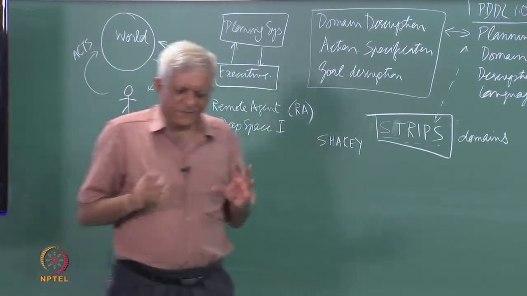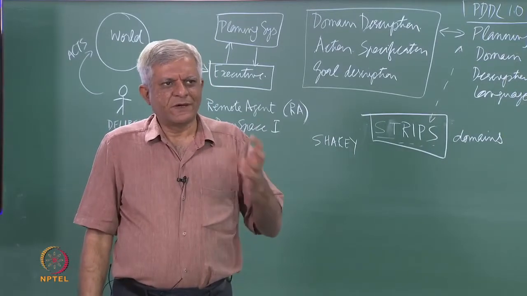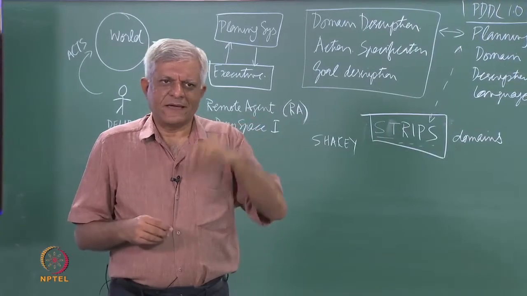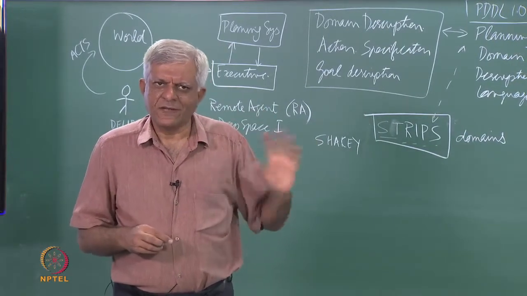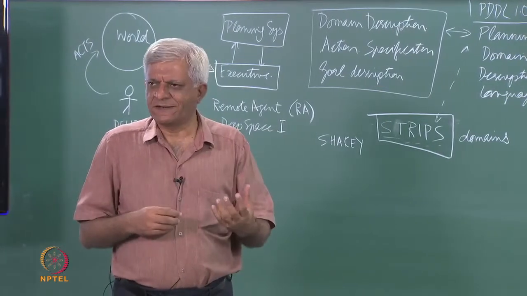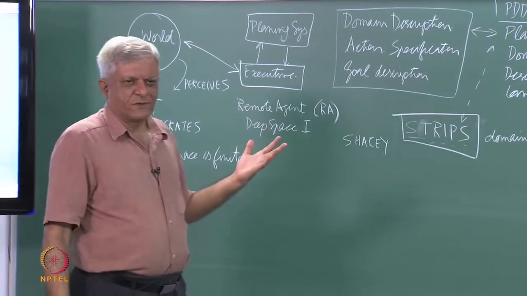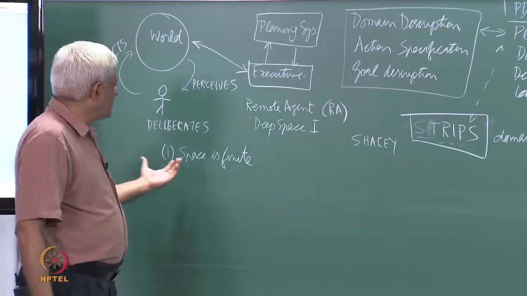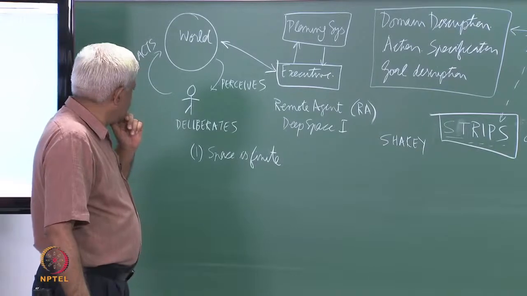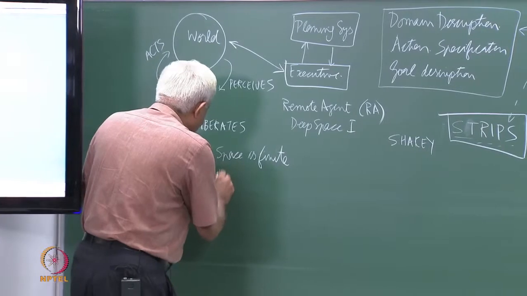So, you can still work with this idea of state space search that we started this whole course with, where you are in some given state and you want to be in some desired state, and the actions that you have to choose. Only now, at that time we said there is a move generation function which takes a state and gives you successor states. Now, we are saying that we have access to actions and we will reason with those actions essentially. So, the simplest assumption is that the state space is finite. The second assumption that we make is that it is fully observable.